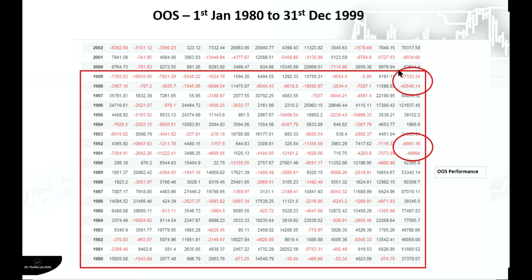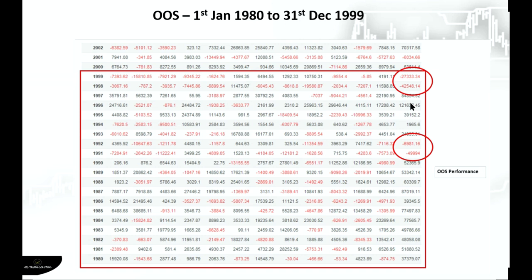As we observe the annual performance results, which is in this column, most of the annual performance results produced a great annualized return on a $200,000 initial account. 1987, down here, produced a magnificent performance return of $87,000 or 44%, and 1996 produced a massive annual return of $121,000 or 61%.